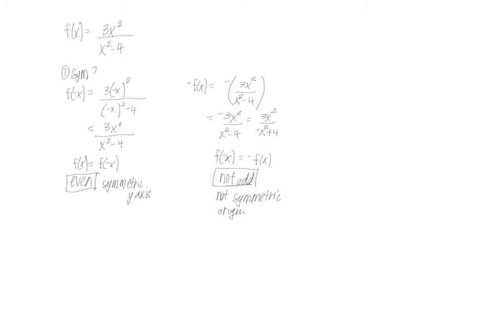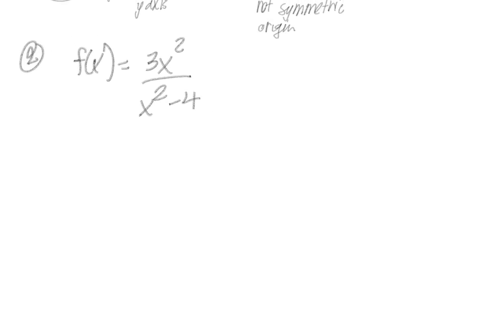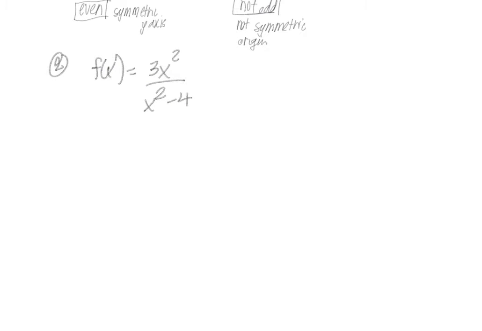So f of x was 3x squared over x squared minus 4. So all I want to do is set the denominator equal to 0. Well, in this case, that denominator can be factored.